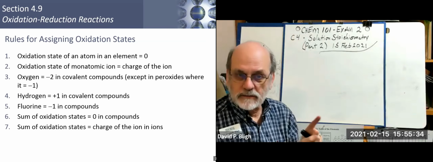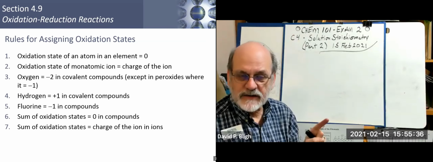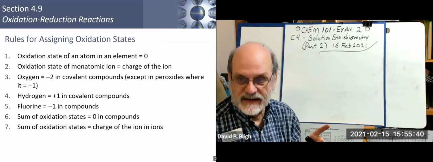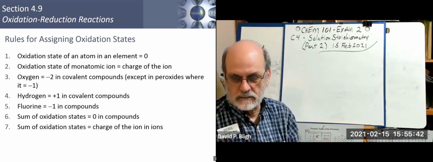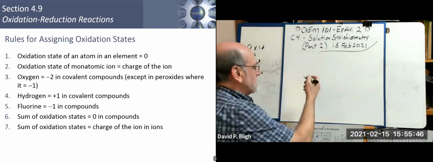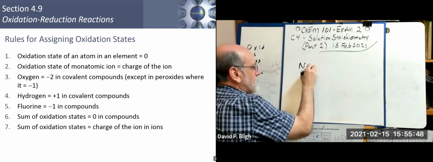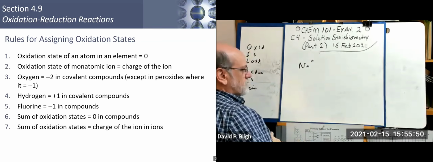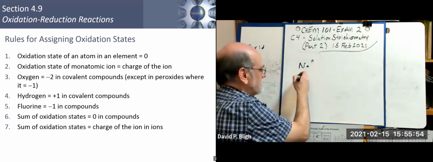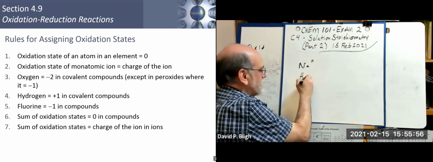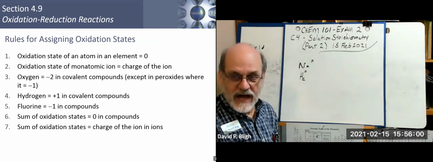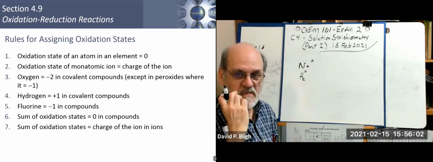Okay, first rule, the oxidation state of an atom in an element is 0. So if you have the pure metal, oxidation state 0. If you have a diatomic, say hydrogen, that's the element, each hydrogen is 0.